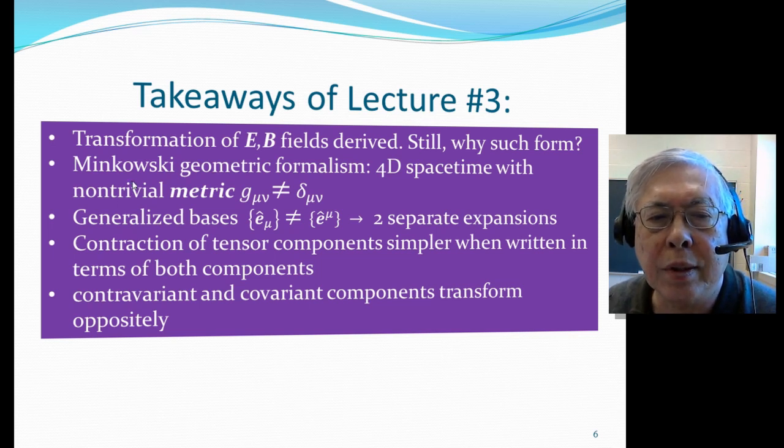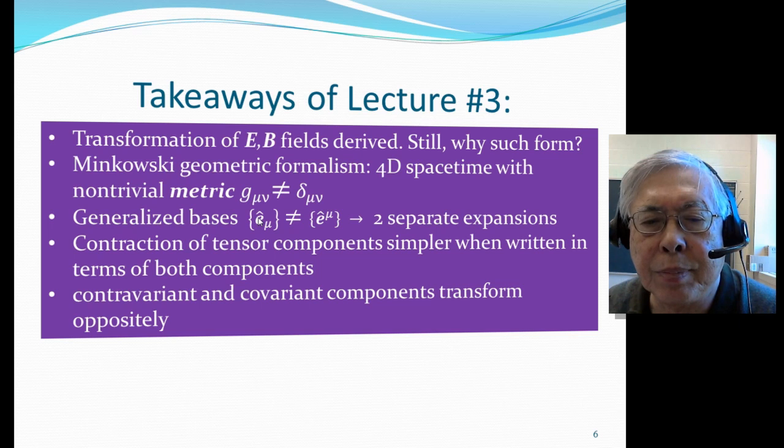Then we introduced the geometric formalism of Minkowski, which uses a four-dimensional space-time with time as an extra fourth dimension, and has a non-trivial metric, which is not the Kronecker delta. We said that in a general basis, the bases are different from the inverse bases, so any tensor or vector will have two separate expansions.